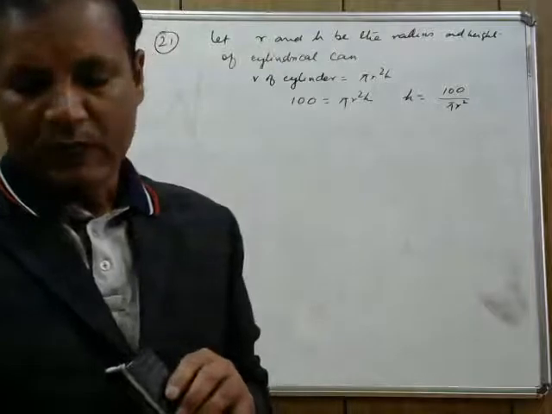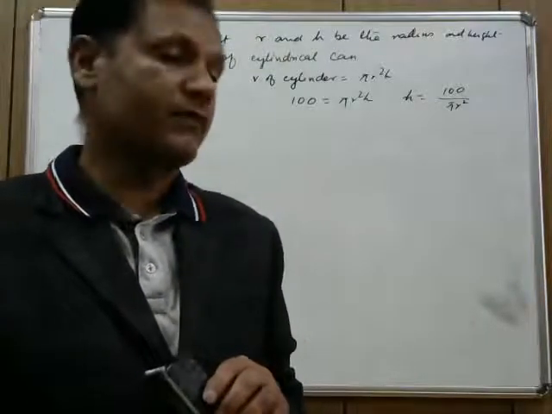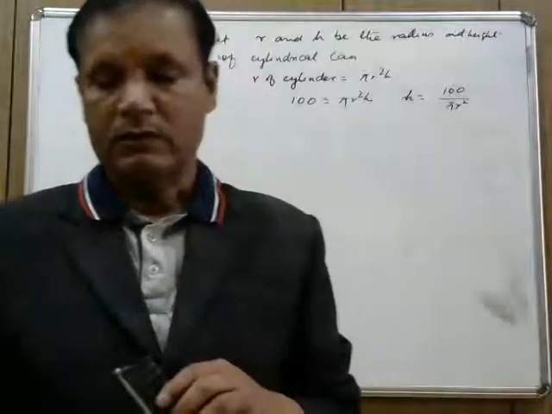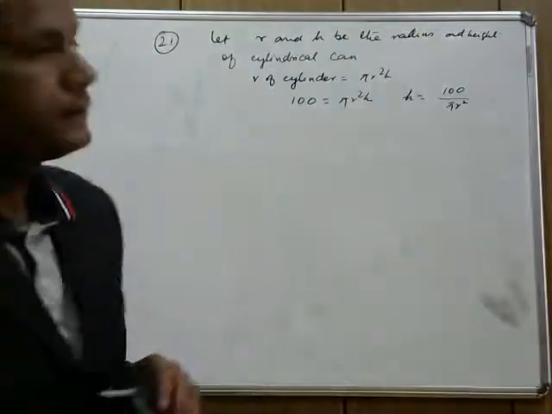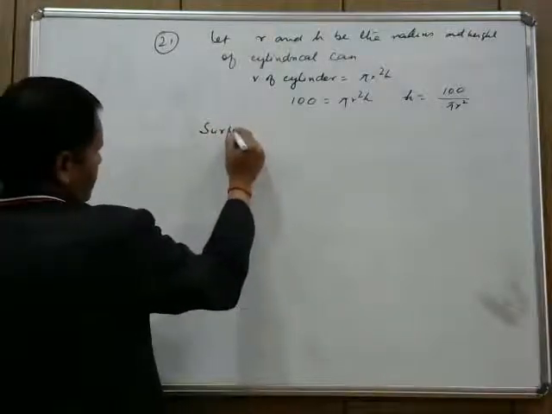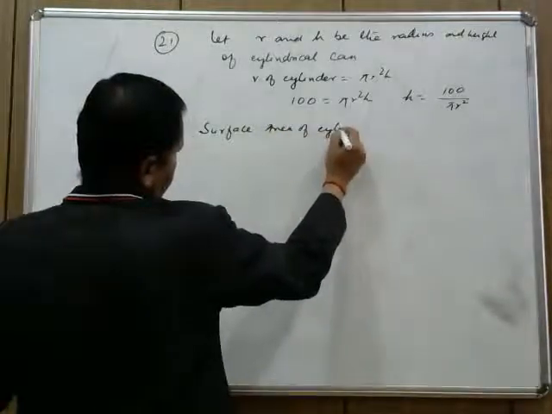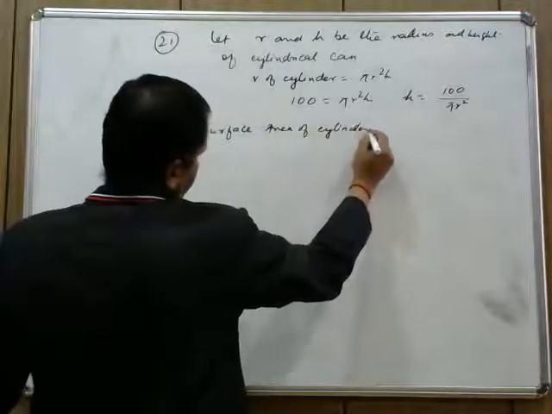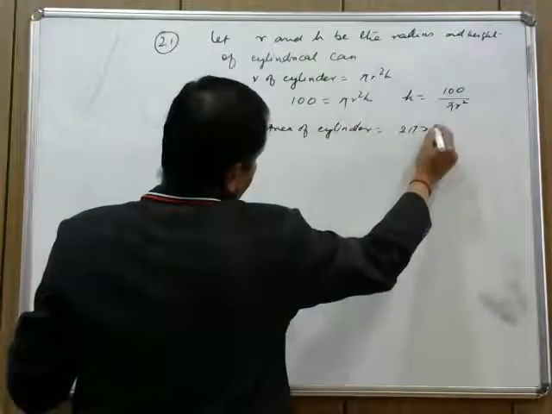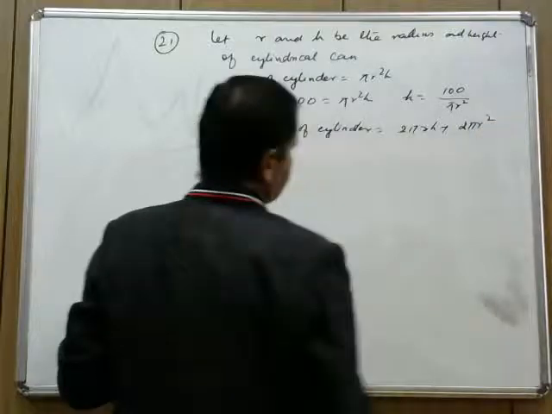Now which part do I have to maximize or minimize? The dimension of the can which has a minimum surface area. Now the surface area of the cylinder is given by 2 pi r h plus 2 pi r square.